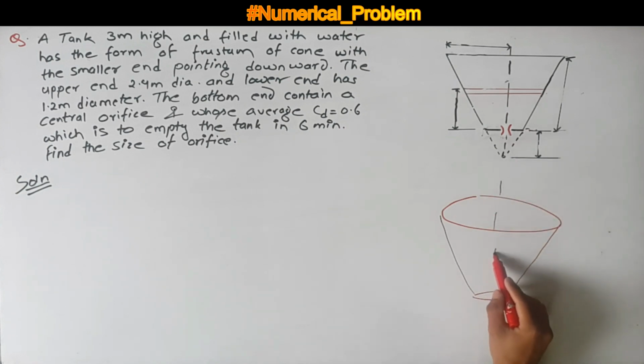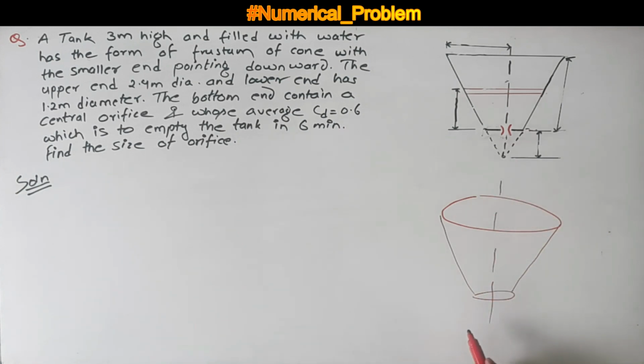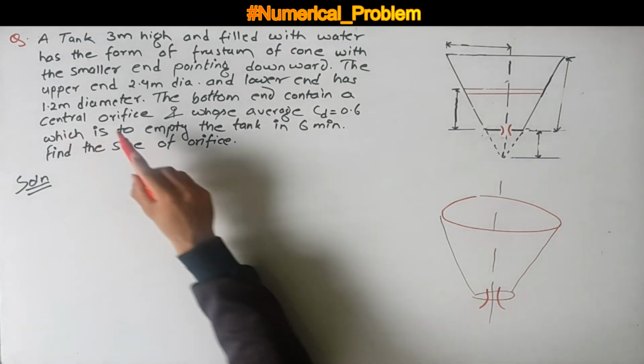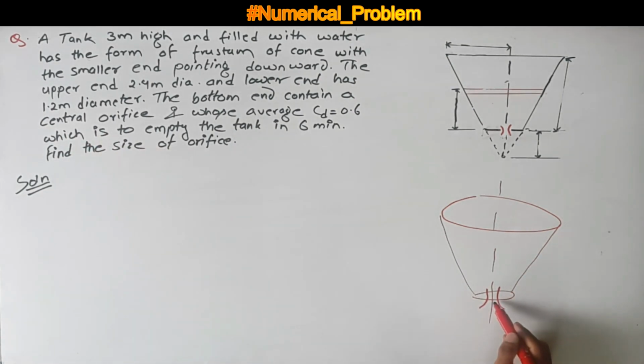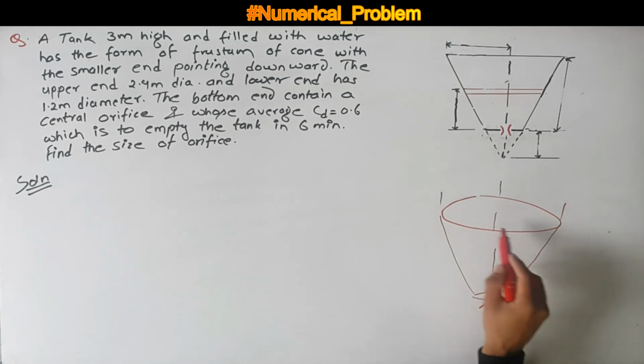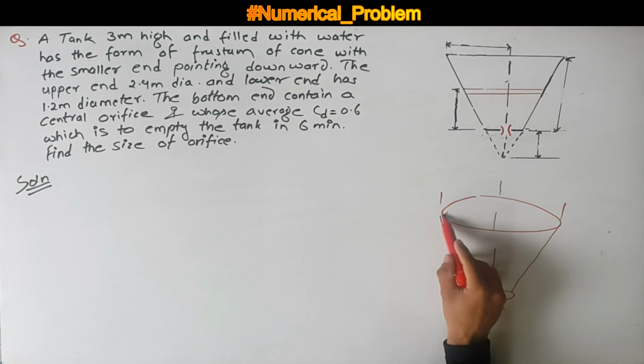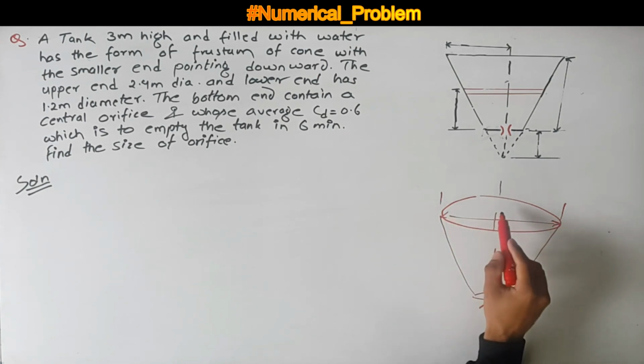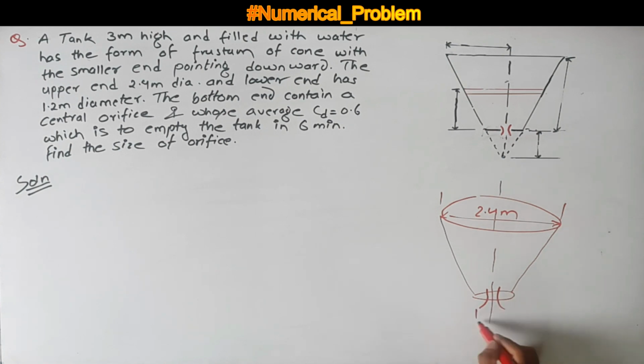Here this is the center line and we have the orifice here at the center, as said in the question, and this diameter is given as 2.4 meter, and the lower end diameter is also given. This is 1.2 meter.